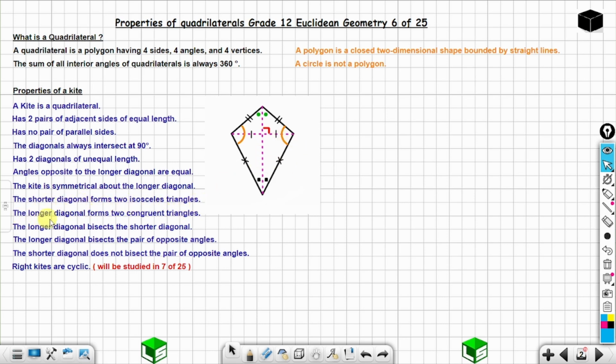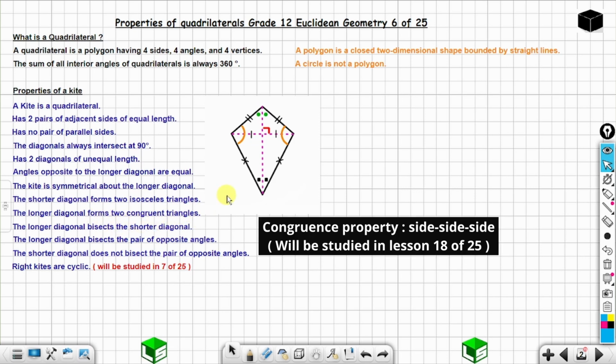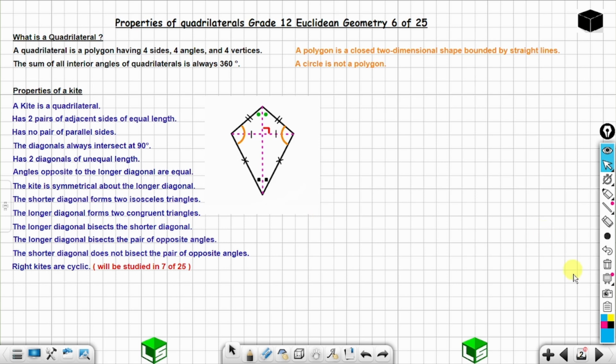The longer diagonal forms two congruent triangles. You can see that using the congruence property, side, side, side. This is the longer diagonal.